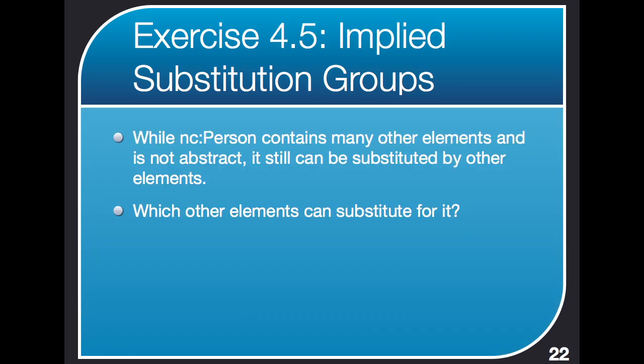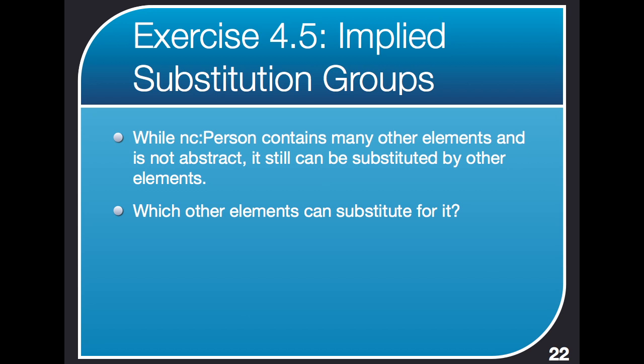Well, let's have one more quick exercise on substitution groups, this time dealing with implied substitution groups. You don't really see a whole lot of implied substitution groups in the NIEM, or what I mean by that is you see them, but they're not used a whole lot. And that's what this exercise is about. In this case, we're going to look at NIEM core person. Now, NIEM core person contains a lot of other elements, and it's not abstract.